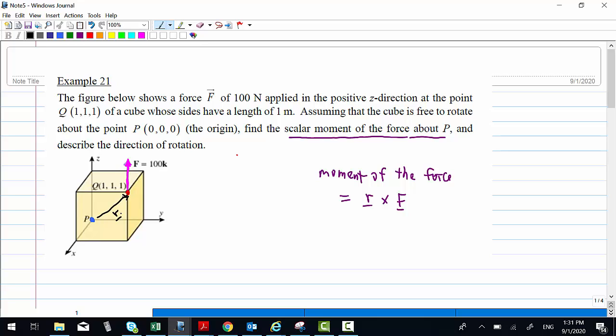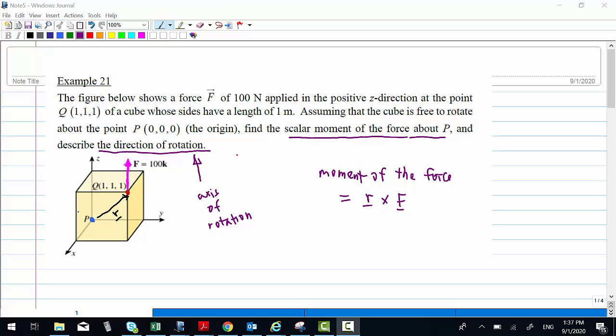And then describe the direction of the rotation. This is basically telling you where is the axis of rotation. This is because when the force F acts at the point Q and P is fixed, then the cube will rotate.